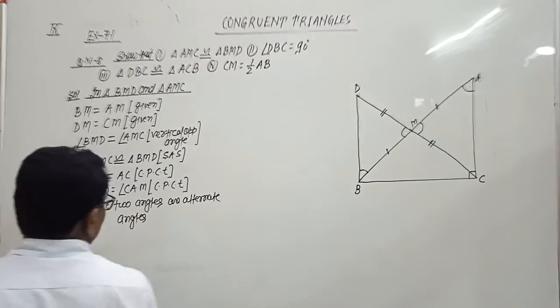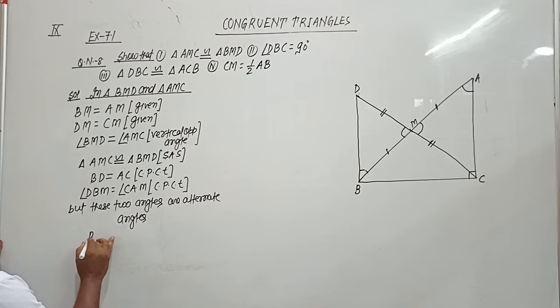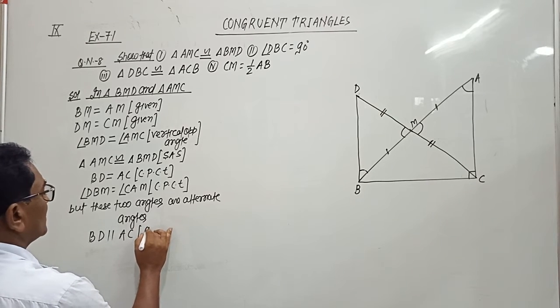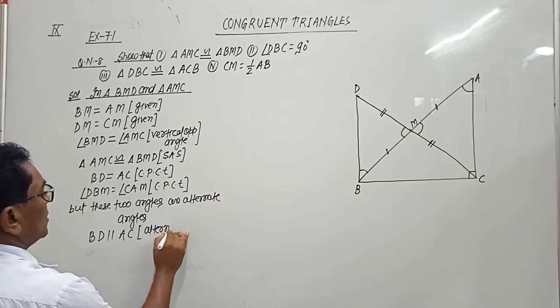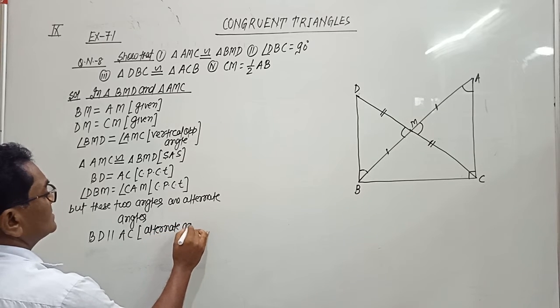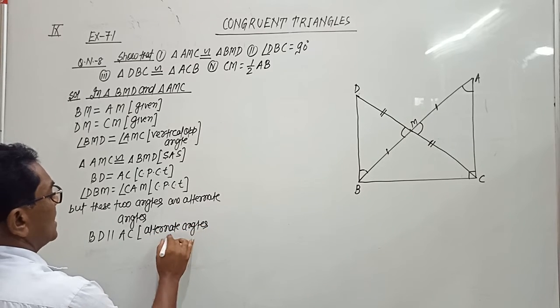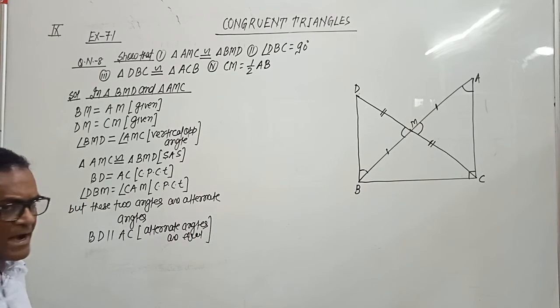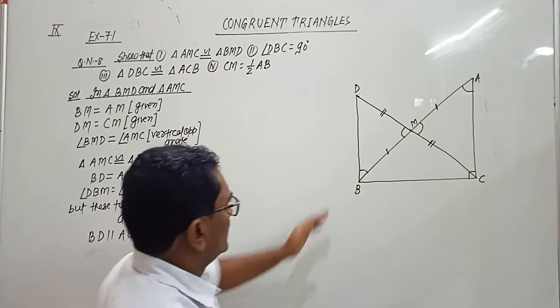So we can write that BD is parallel to AC because alternate angles are equal.